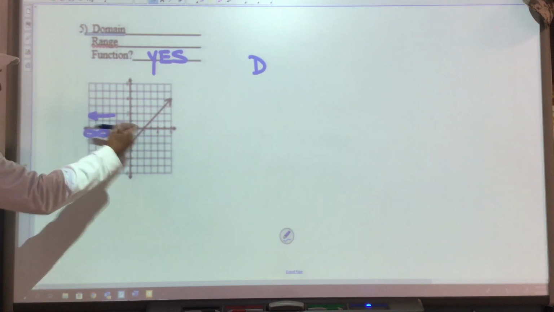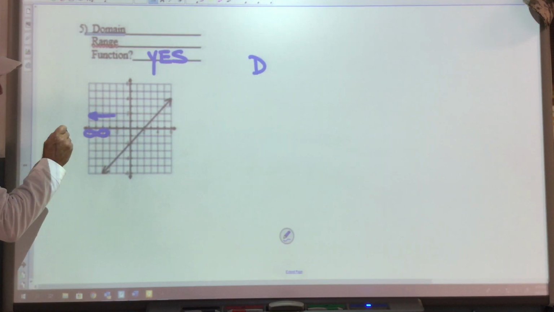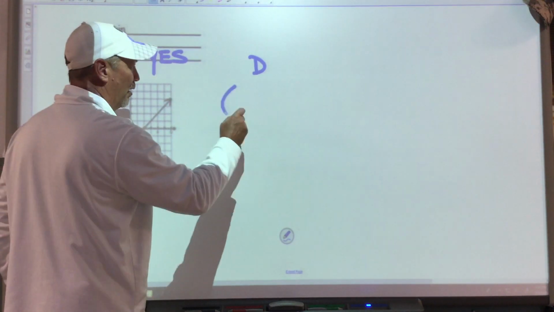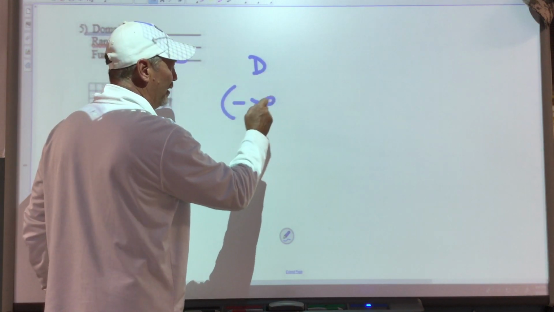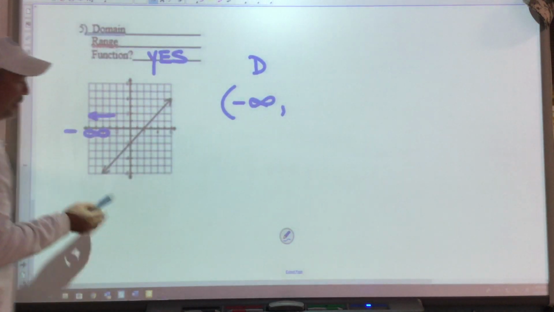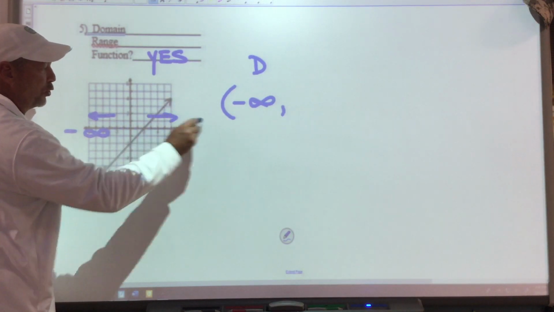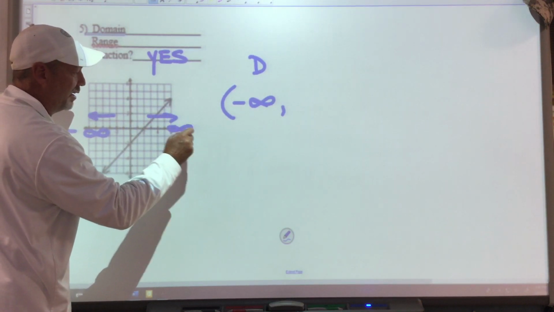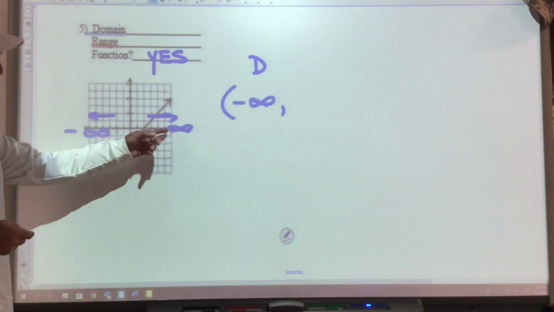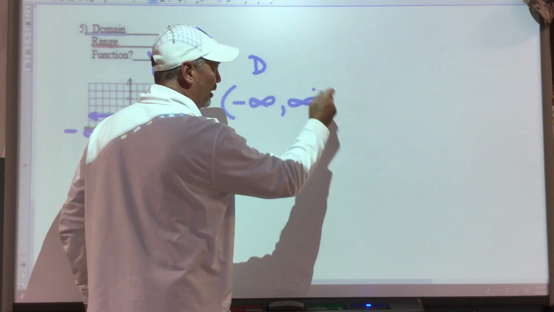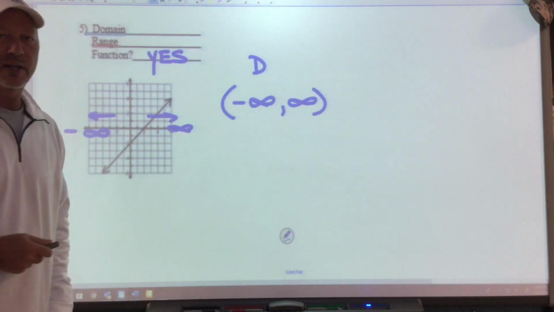But what kind of numbers go to the left? Negative numbers. So my domain says I will go from negative infinity, and then even though it's at an angle, I will continue to go to the right to positive infinity. So we're going to go from negative infinity to positive infinity.